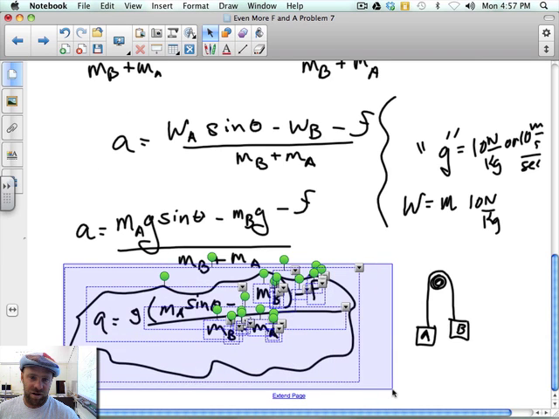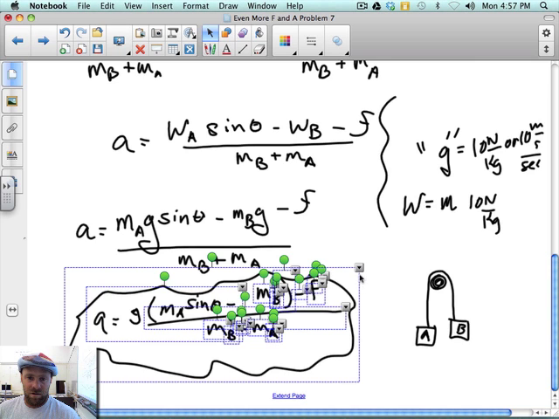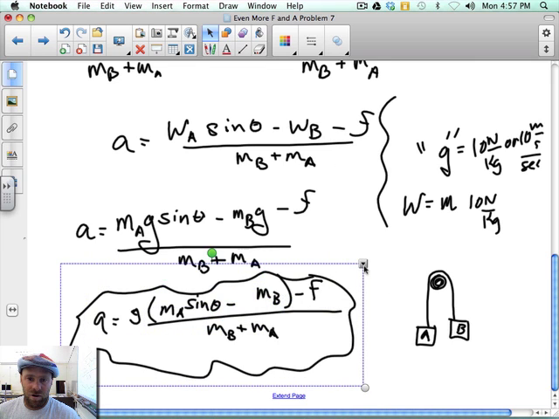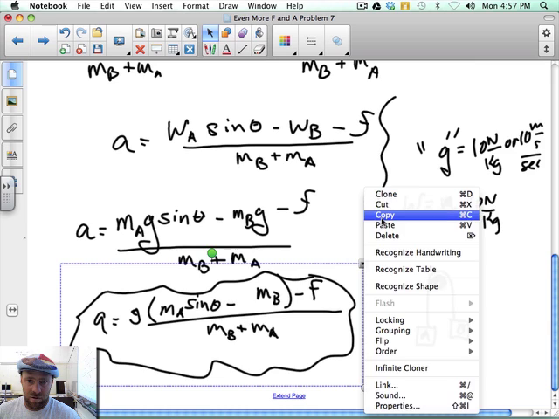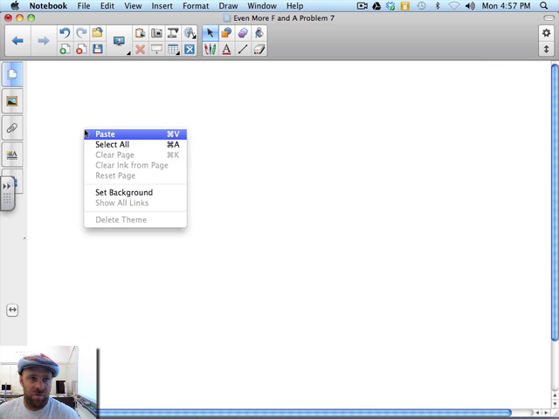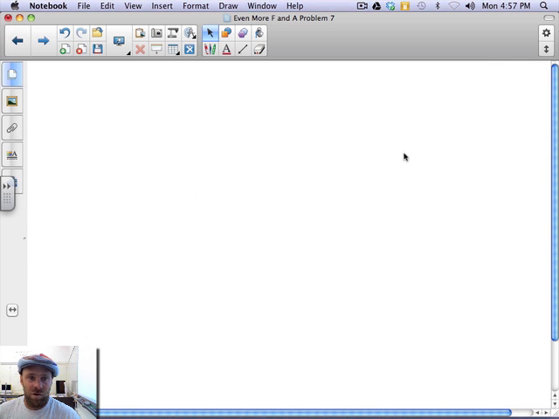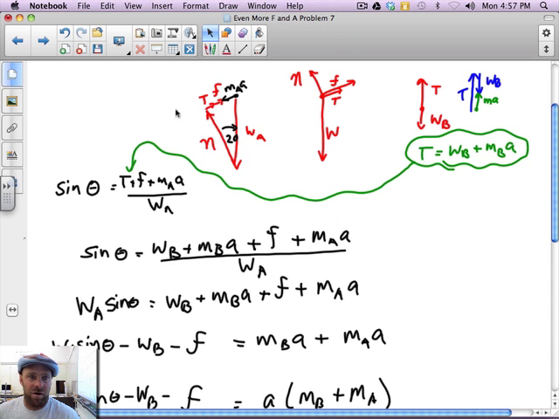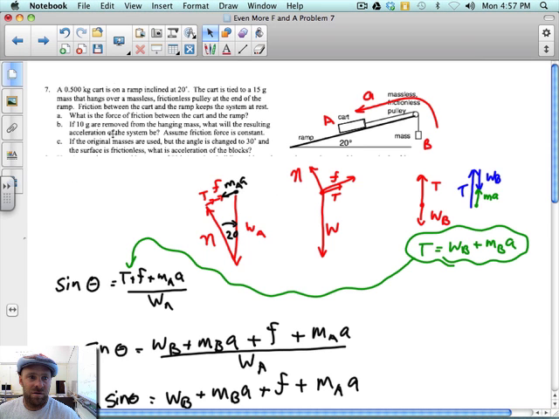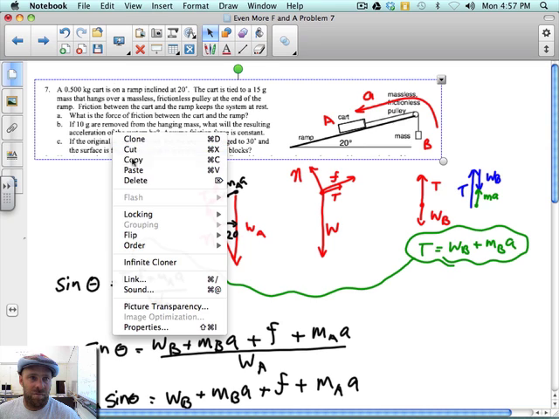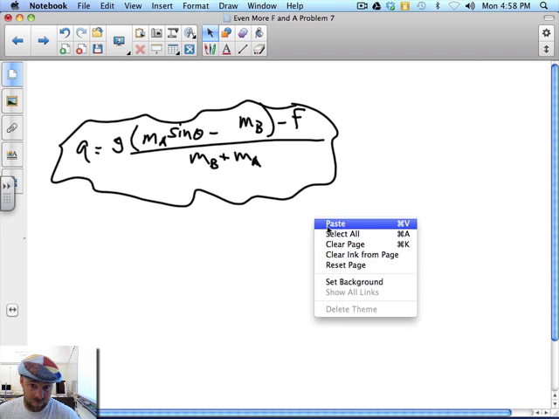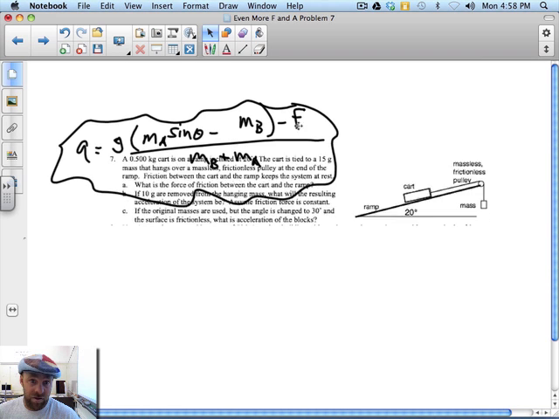I'll group it and copy it, go to the next page, and paste it. I also want to copy the problem over. Okay, that looks pretty nice.